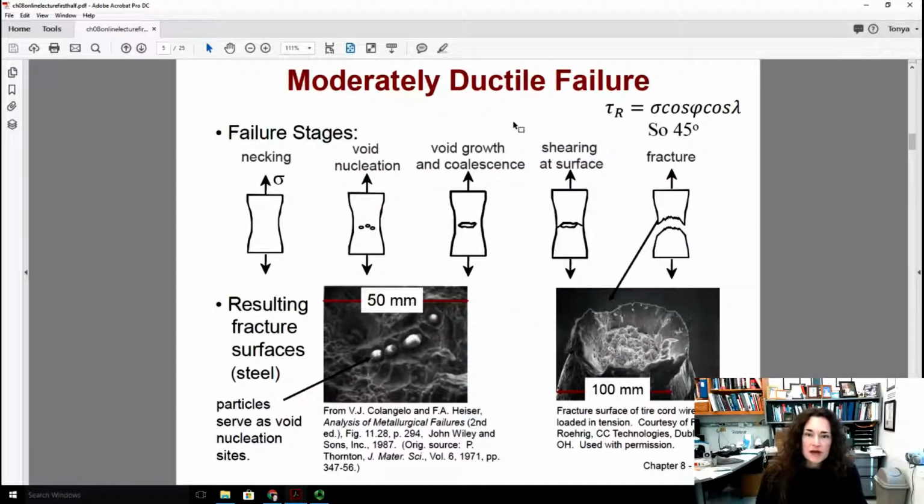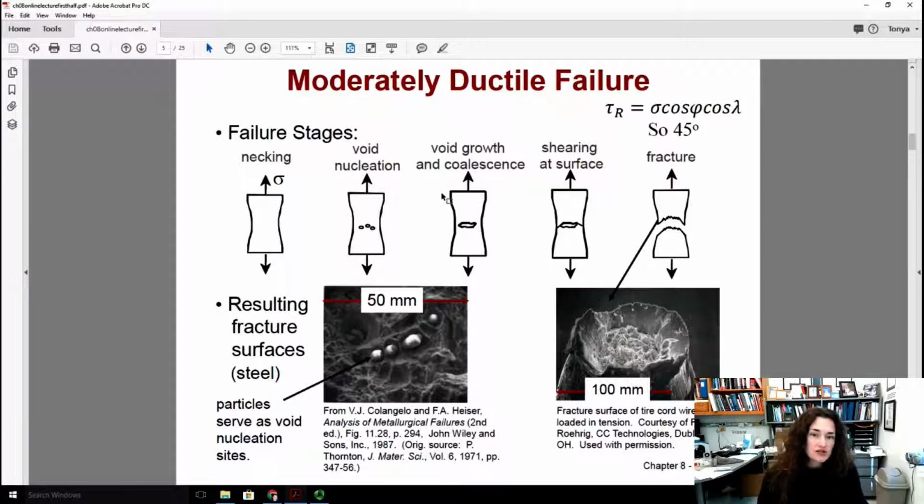So let's talk about the steps of moderately ductile failure. That's actually a really common type of failure where you have some necking and then a break across the cross section. Okay, so it goes through these steps. First, you start to see the neck form. Then within the neck, at the most narrow point, you start to create small voids within the material as it gets stretched.